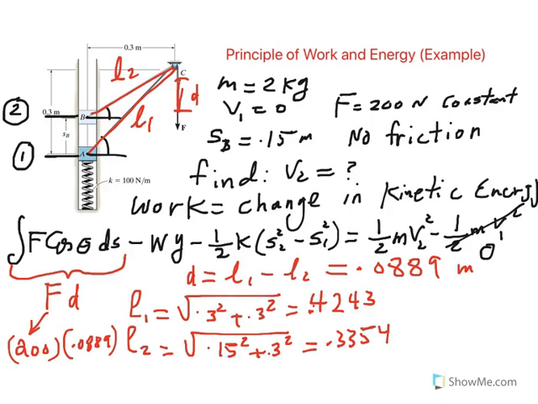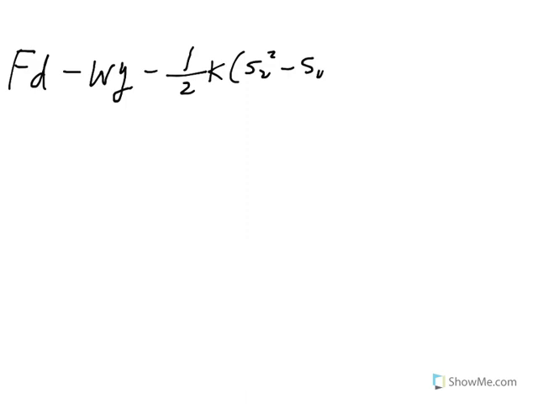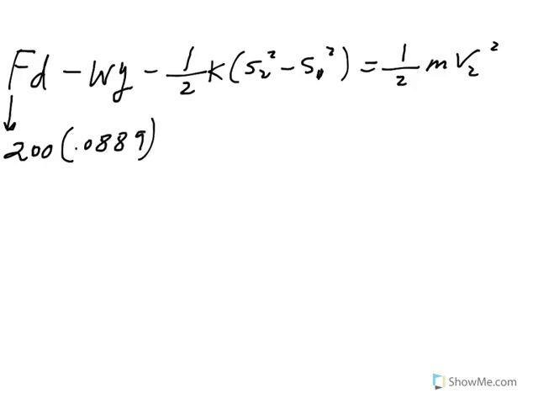So now the rest of it is just a plug-in. Let me go to the next page. So we have the work of this force, which we already simplified to F times D. Let me rewrite the equation: minus WY minus 1/2 K (S2 squared minus S1 squared). You already know that initial kinetic energy is 0, so we just have the final kinetic energy here. Okay, let's plug in 200 times 0.0889.